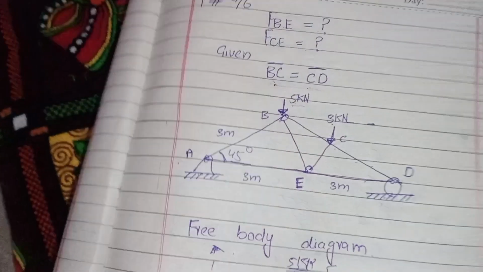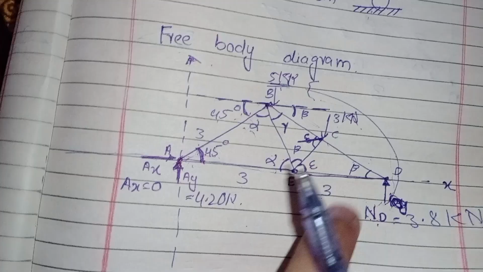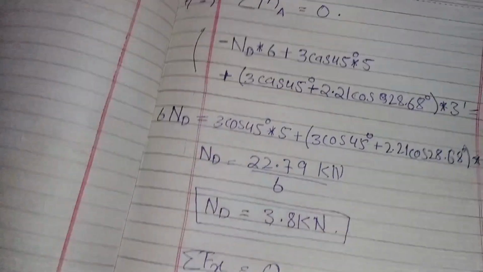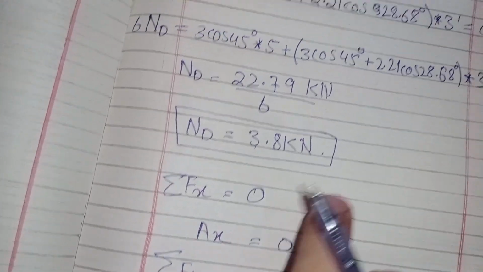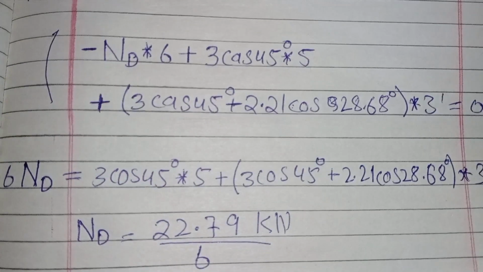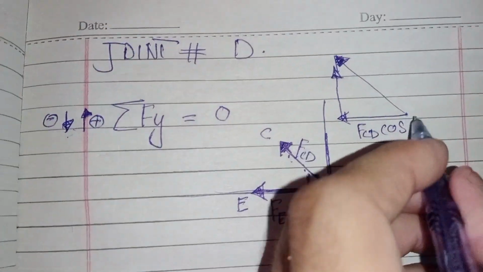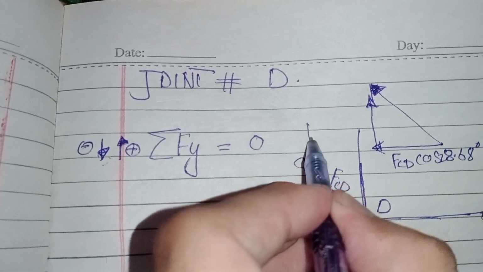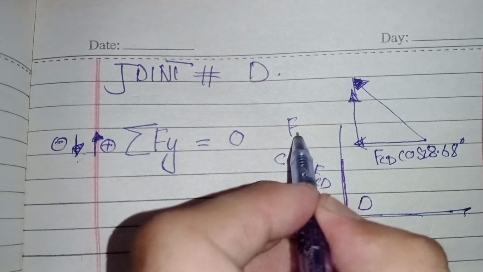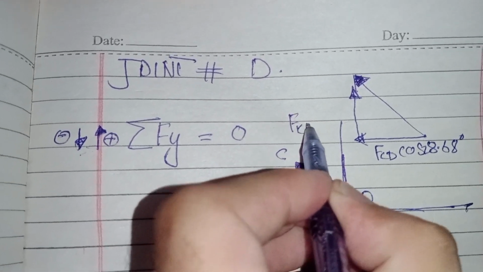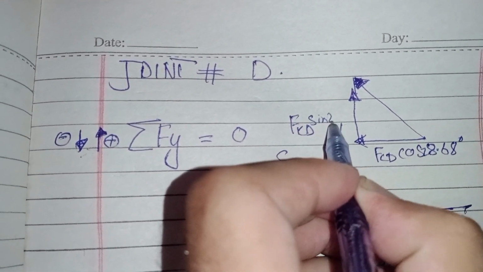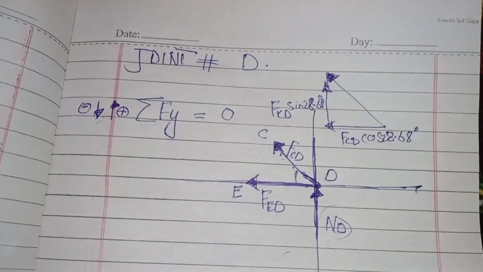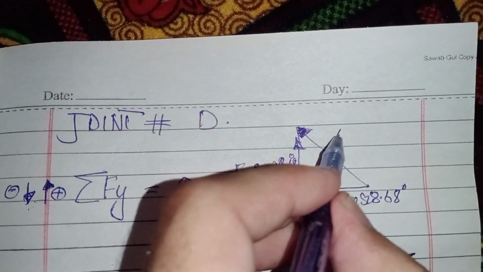What was that angle? This angle was beta, and the value of beta is 28.68 degrees. The vertical component is FCD sin 28.68 degrees.